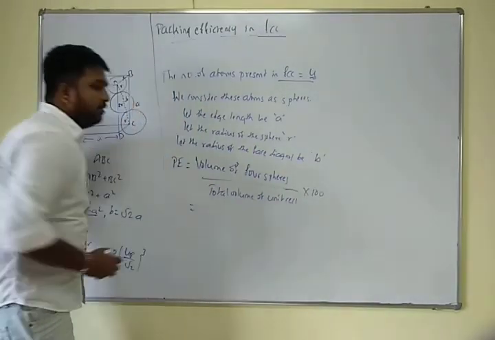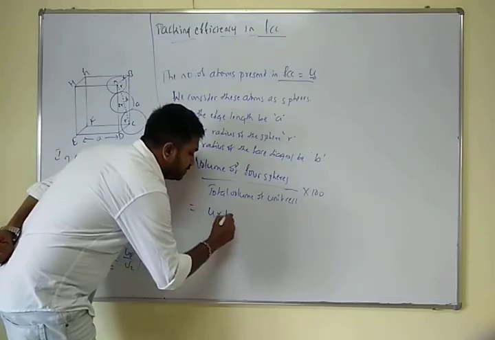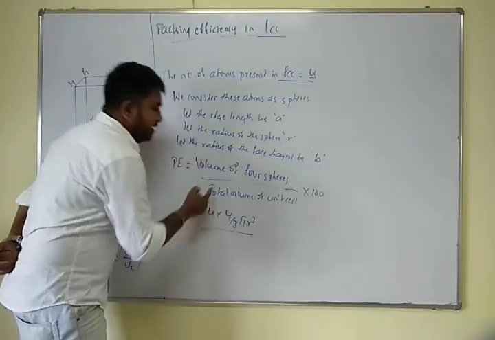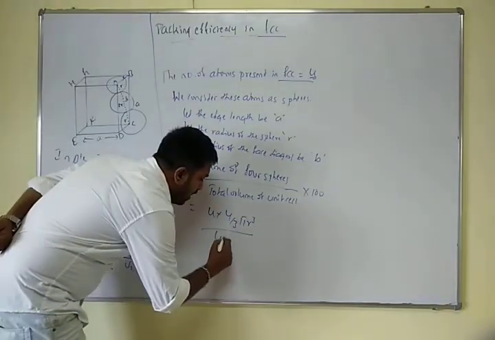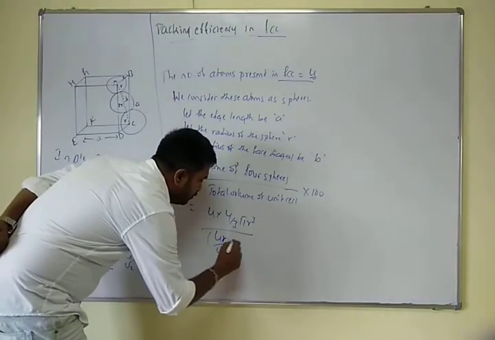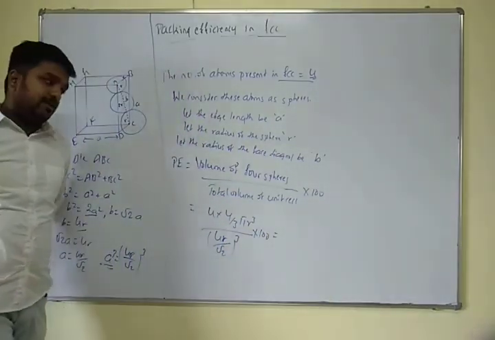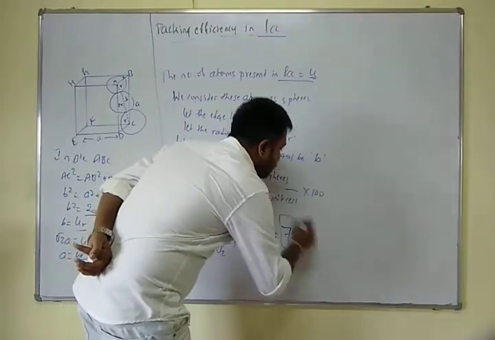So the volume of each sphere is 4 by 3 pi r cube. So it is 4 into 4 by 3 pi r cube divided by the total volume of the unit cell, that is A cube, which is (4r by root 2) whole cube, into 100. If you calculate this, you will get a packing efficiency of 74%.